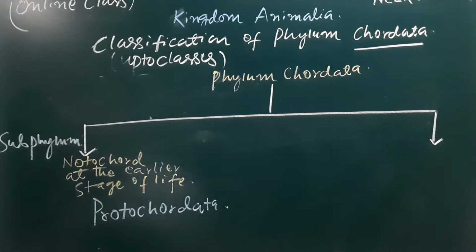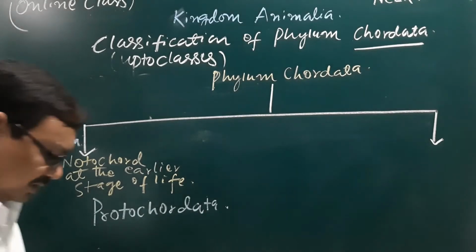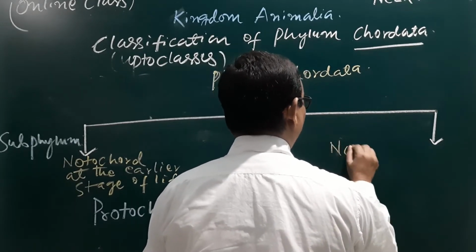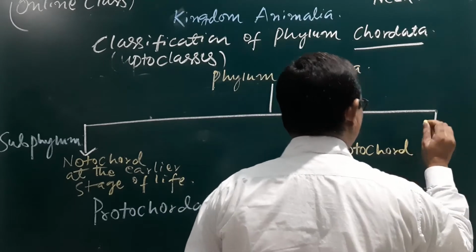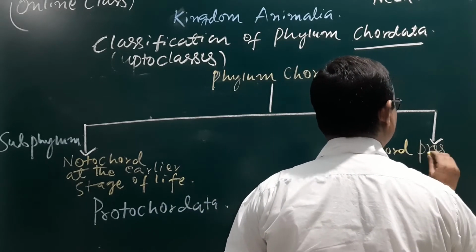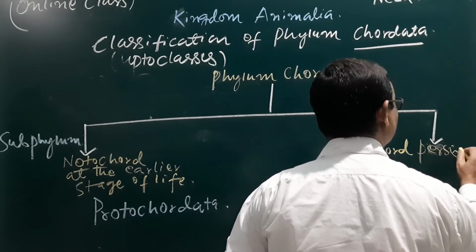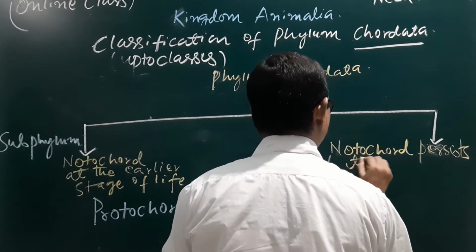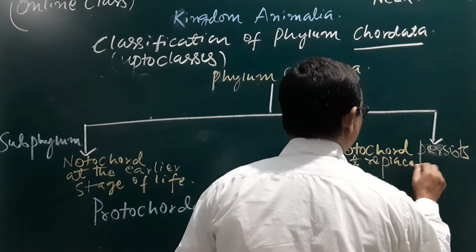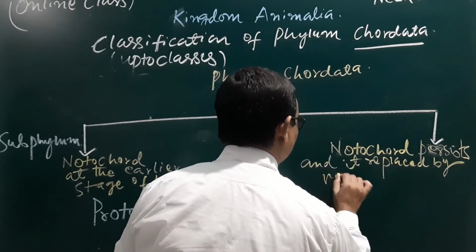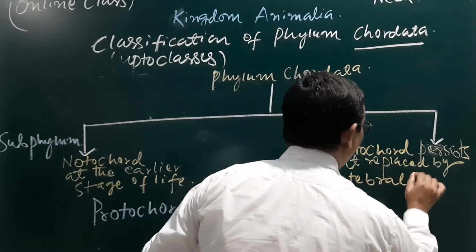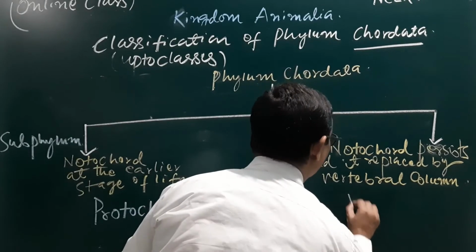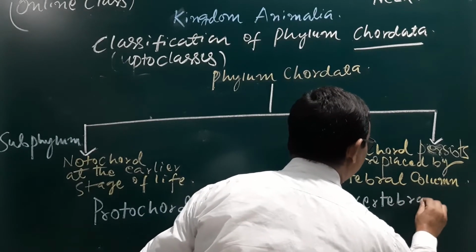Understand? And if the notochord persists and is replaced by the vertebral column, then we call it vertebrates.